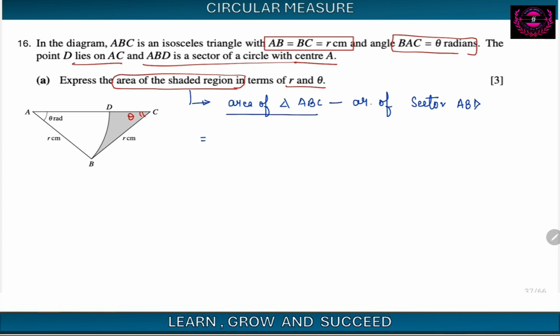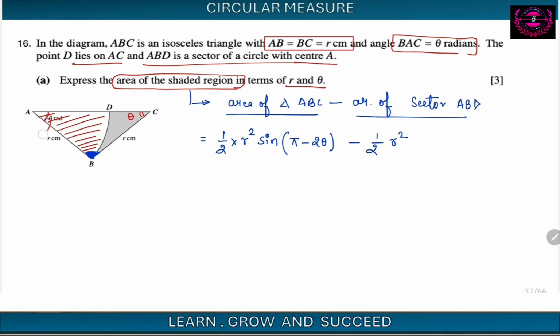Area of triangle ABC will be half into R square sine of this angle, which is pi minus 2 theta. Area of sector is half R square theta, and this angle is also theta. So this is our final answer.